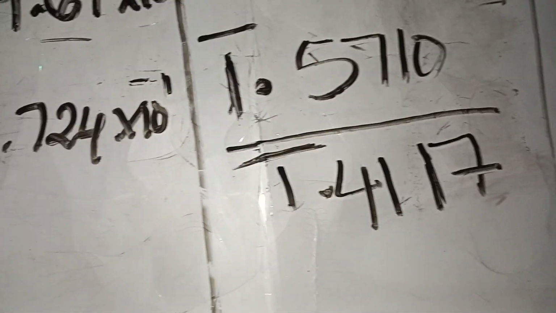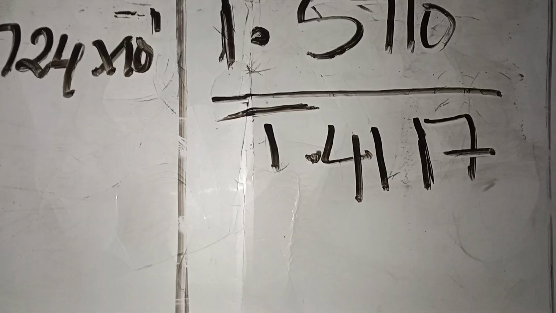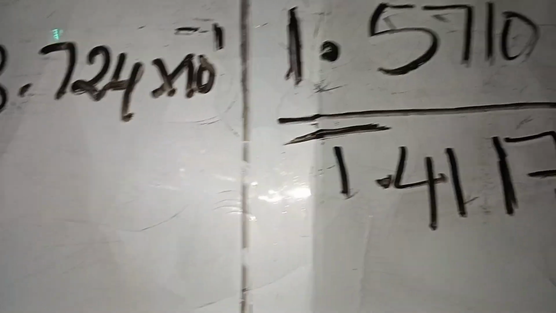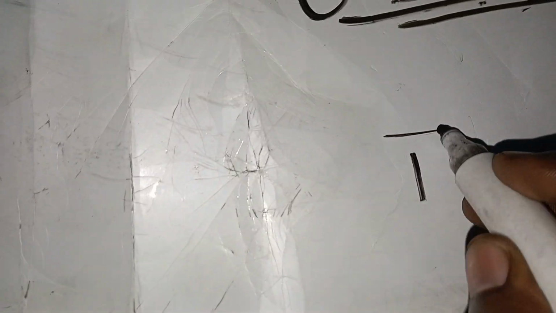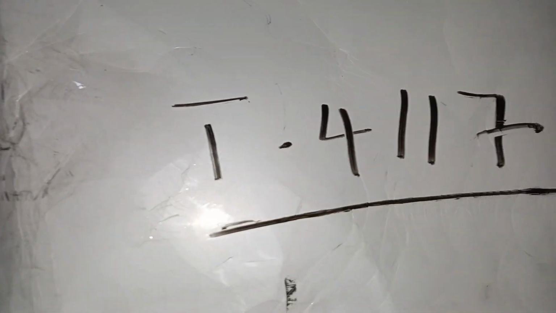So another process, remember we were using this sign. This means we find the square root. So square root of this, look at this number first. Square root will divide this number. So because of this sign, we'll divide by 2.